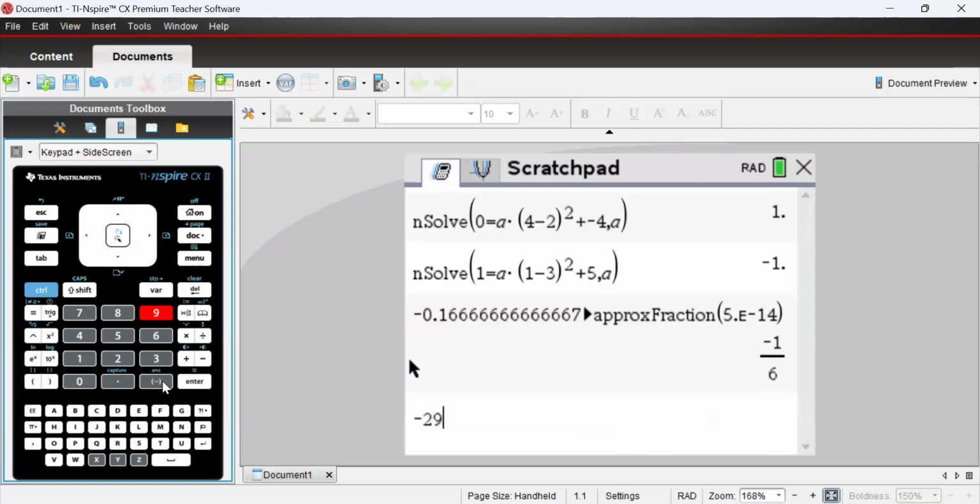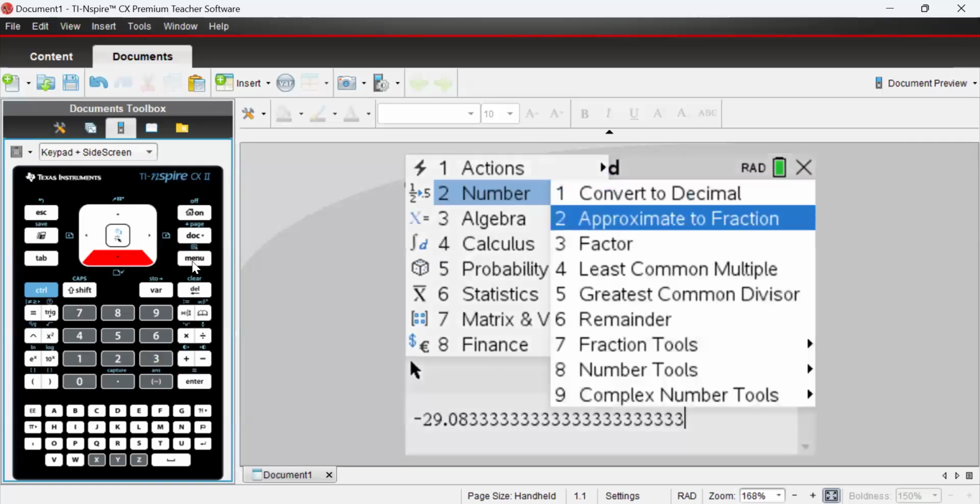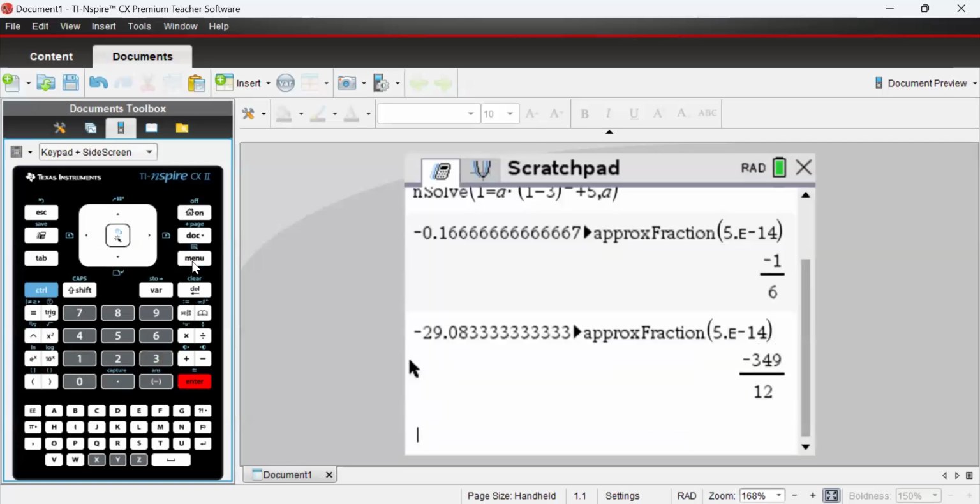The other one was 29.08, and the 3 is repeating. -349 over 12. So that's our vertex.